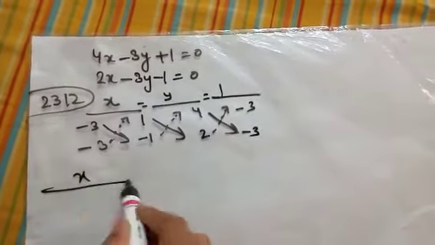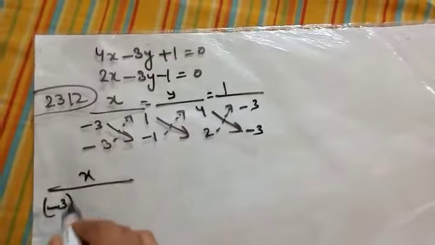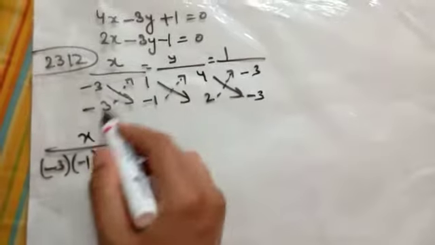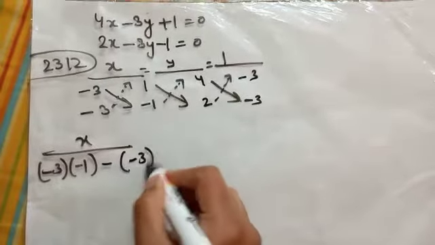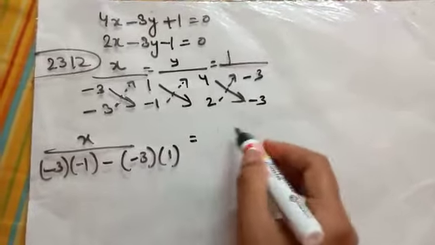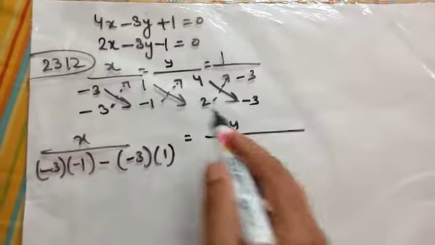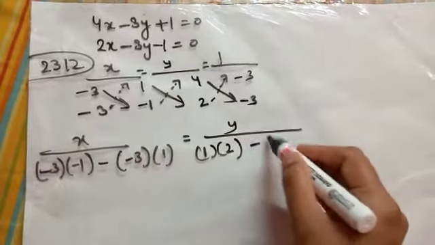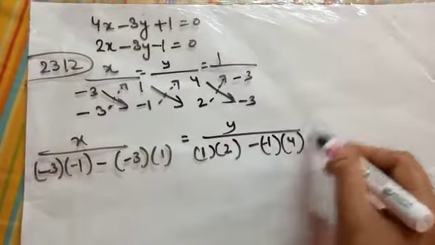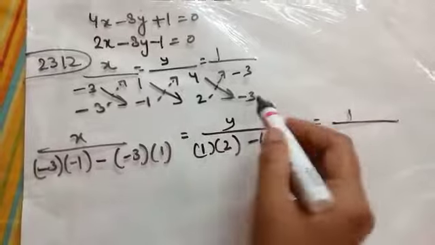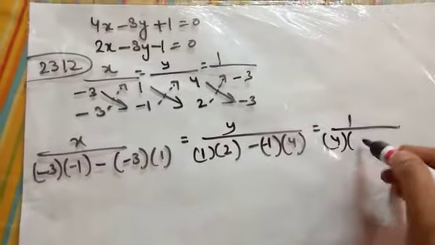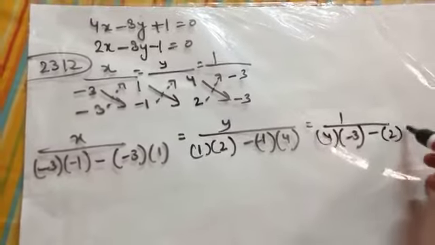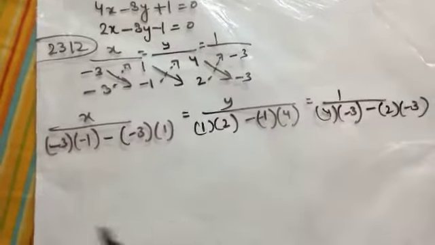So x upon minus 3 into minus 1, the multiplication of the solid arrow, minus the multiplication of the dotted arrow, minus 3 into 1, is equal to y upon 1 into 2 minus minus 1 into 4 is equal to 1 upon 4 into minus 3, the multiplication of the solid arrow, minus 2 into minus 3, the multiplication of the dotted arrow.